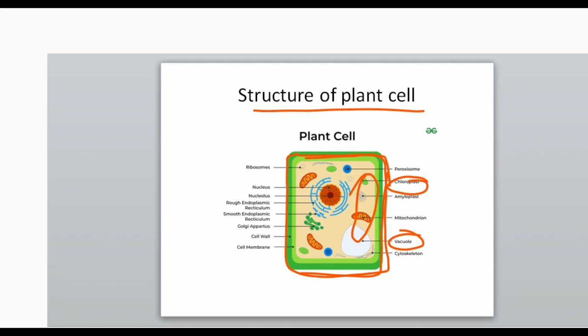So this is the basic structure of the plant cell.